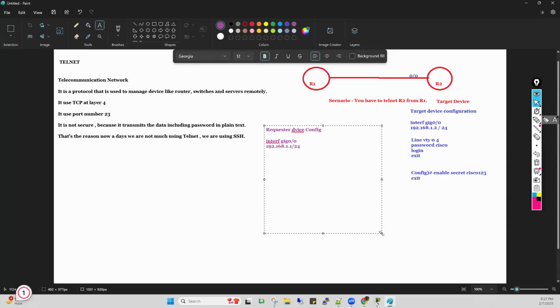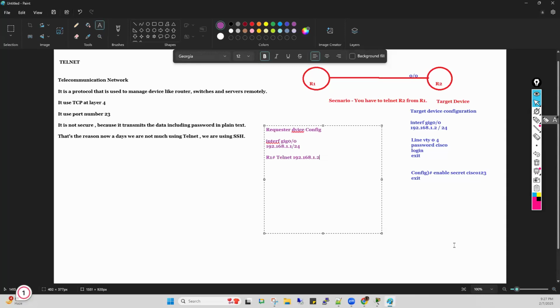Getting my point? After you assign the IP address, you do not need to do anything else. You need to go into the privilege mode. In which mode, guys? Privilege mode, and you have to write the command telnet space. And what is the IP address we configured there on R2? We configured the IP address 192.168.1.2.